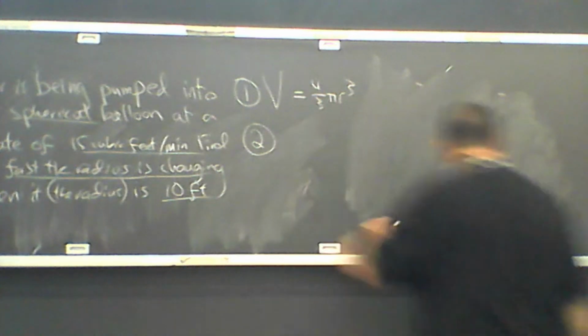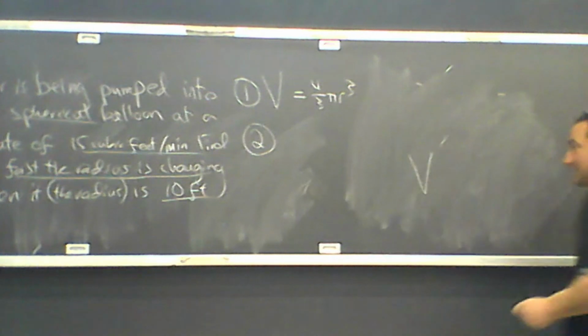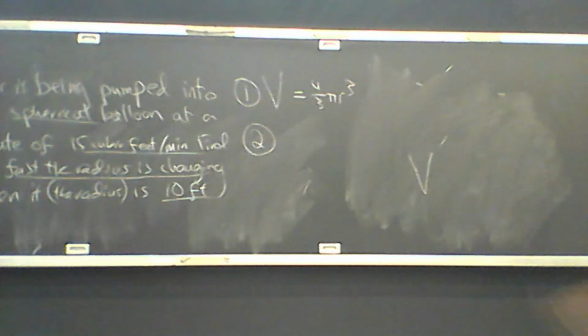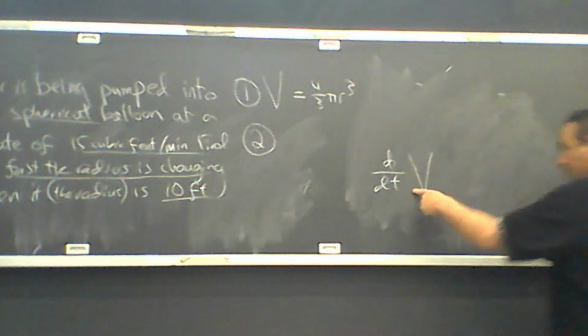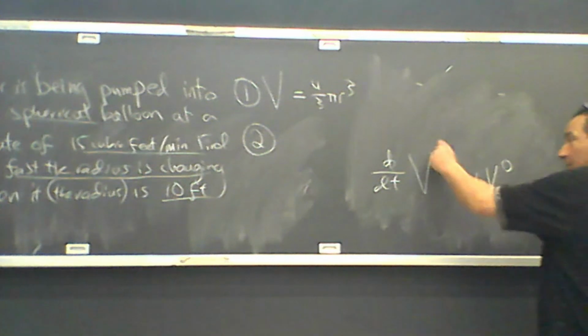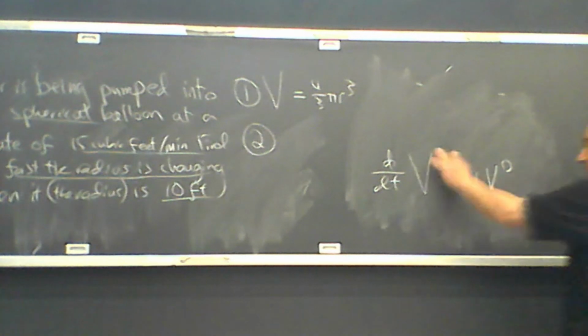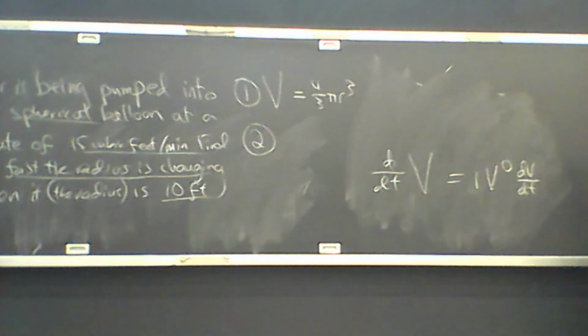Well, the derivative of V, I'll do that on scrap paper, right? Because it's the easiest one, but it sometimes may be the hardest one, right? d/dt of V is going to be 1 V to the 0, because there's an invisible 1 there, right? 1 V to the 0 times dV/dt. Okay? Well, V to the 0 is just 1.